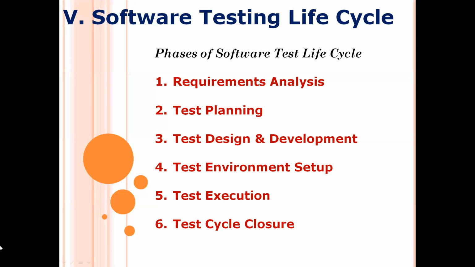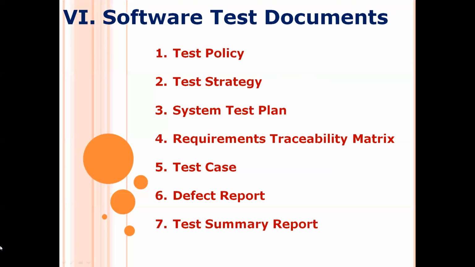Deliverables: test closure report, next test metrics, etc. See, this software testing life cycle or software test process is for conducting software testing in system testing level, and it is a manual testing process. Next, software testing documents.